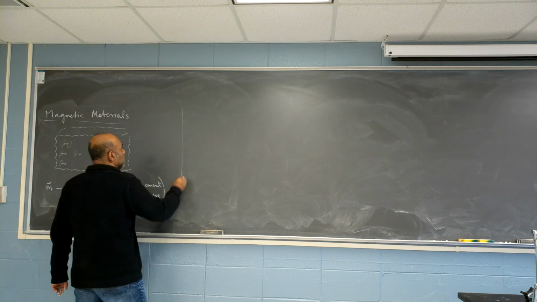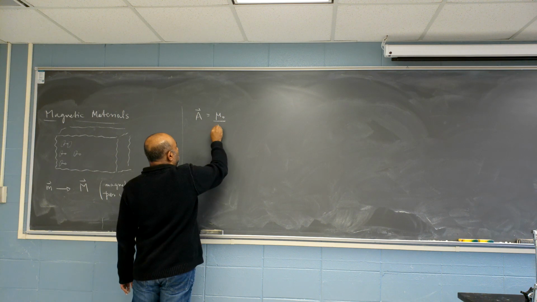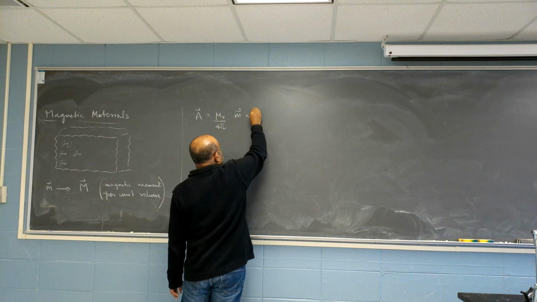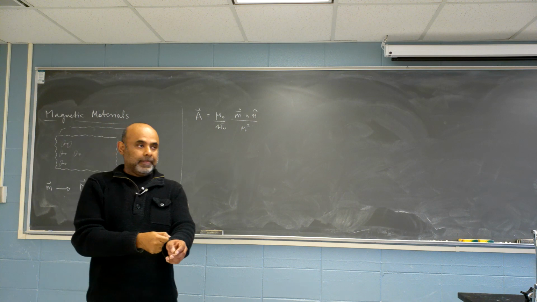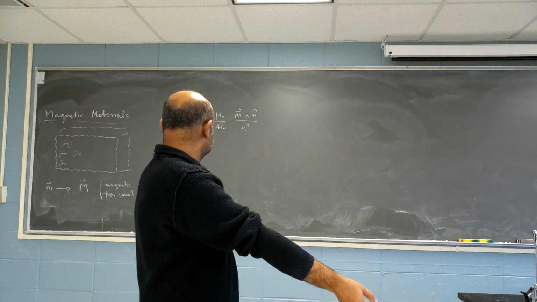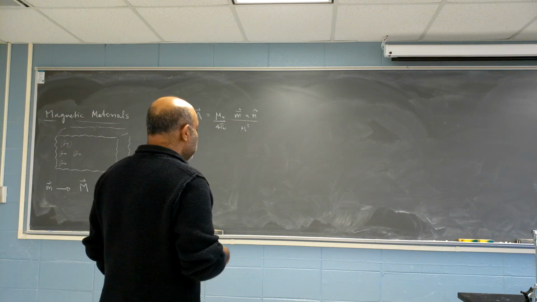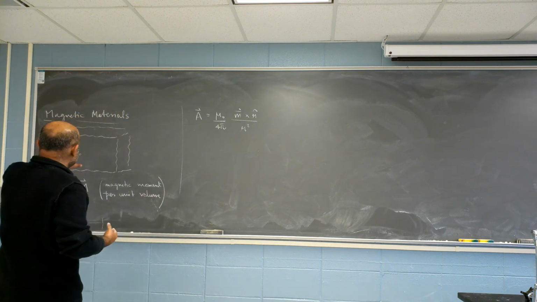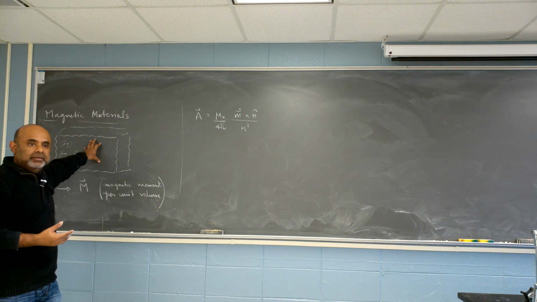We had the expression that A equals mu0 over 4 pi m cross, and I should tell you what it is that we're trying to do. We're trying to get the A field when you have chunks of these. And why? Because if you get the A field, you can get the B field.